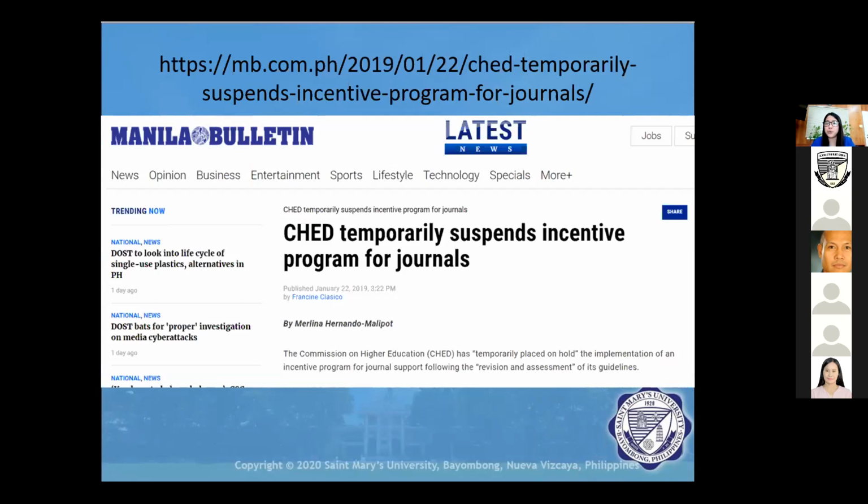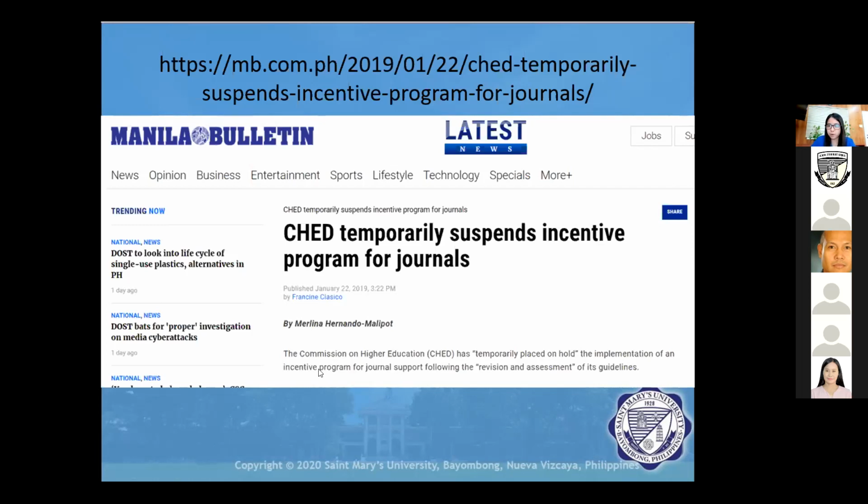This has something to do maybe with my statement that the CHED also puts an end to accrediting some of the journals. They temporarily place this on hold because they are giving an incentive program for journals. Maybe this is the reason why they also put an end to presenting the accredited journals, but it's not directly telling that this has something to do with that.